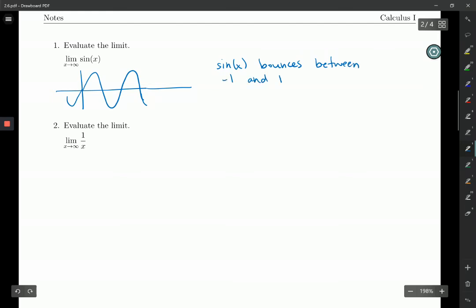So that means that it does not approach a single value, or get close to a single value.